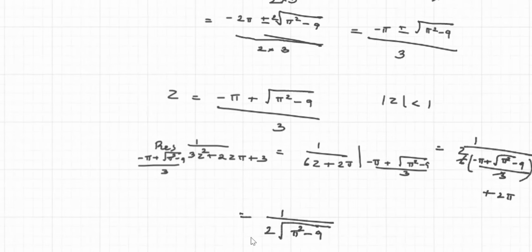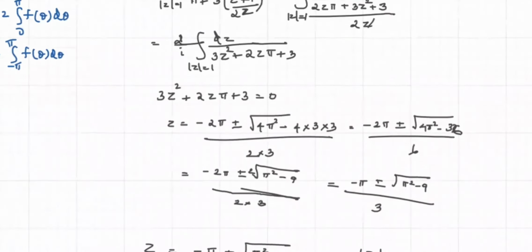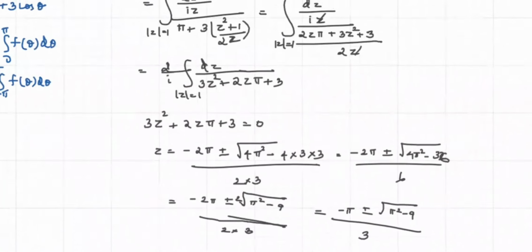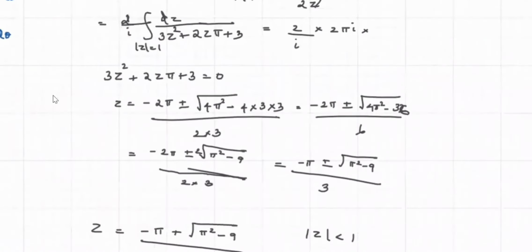So residue is equal to this one. Hence, the integral value for this function is equal to 2 by i into 2 pi i into the residue, we got it as 1 by 2 root of pi square minus 9.